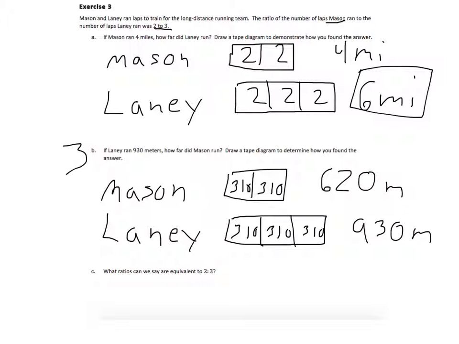There, each section or each piece was 310 meters. So we could write our ratios as 4 to 6, or 620 to 930. These are 2 other equivalent ratios for 2 to 3.